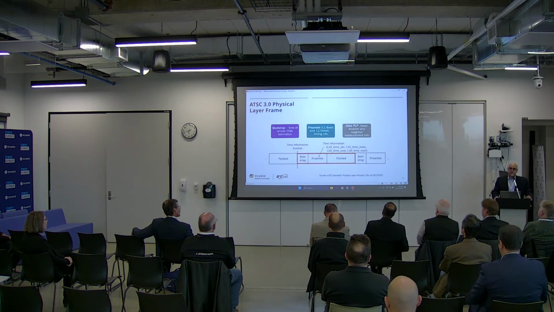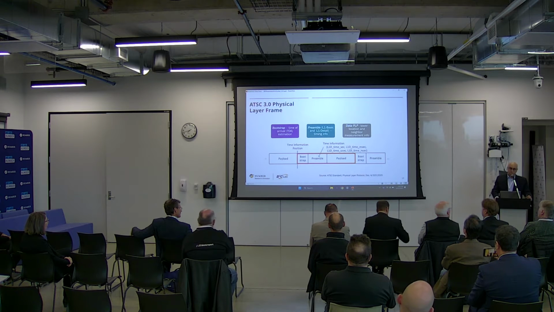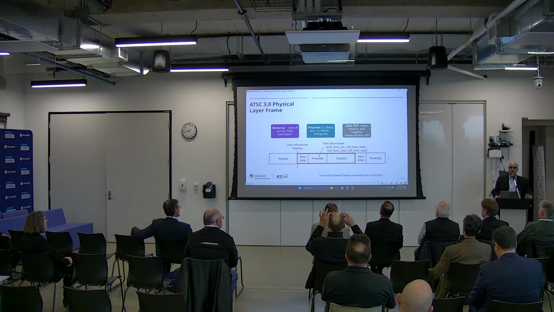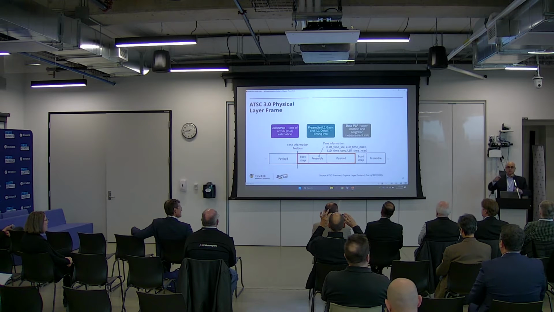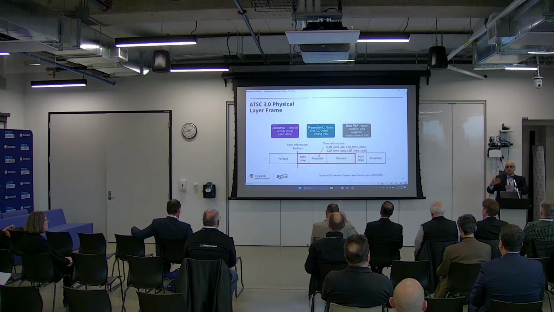I'll first start with the ATSC frame structure. This picture is from the standard. You see the first, the orange block, that is one frame, and it starts with the bootstrap signal. That signal was designed to signal that everything that follows the bootstrap is ATSC 3.